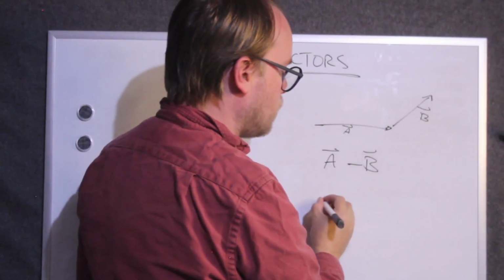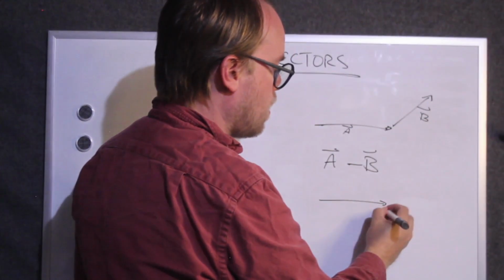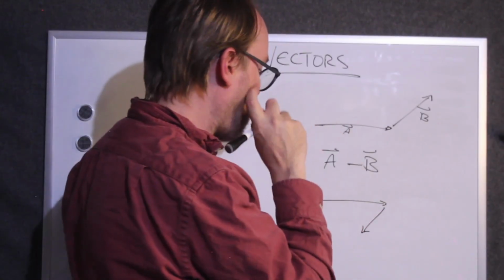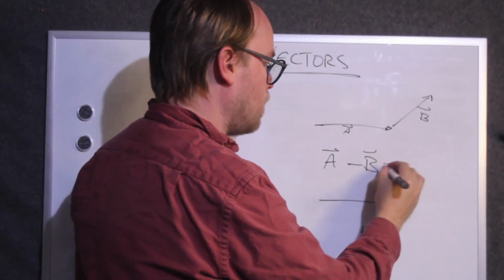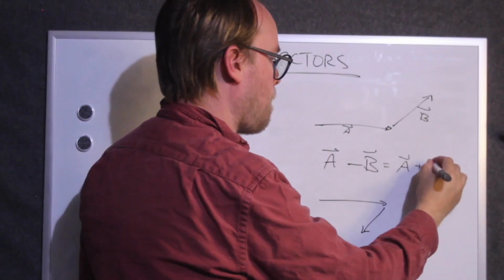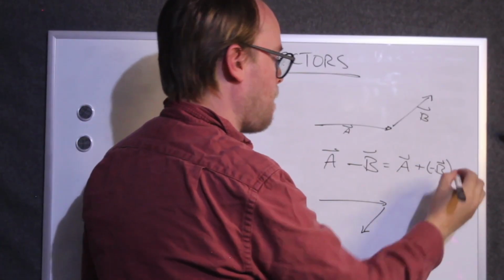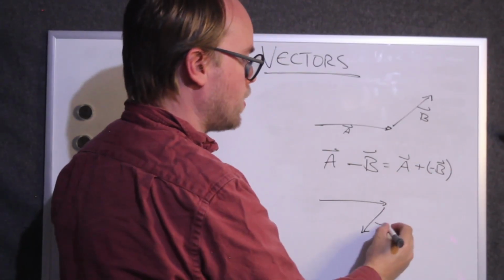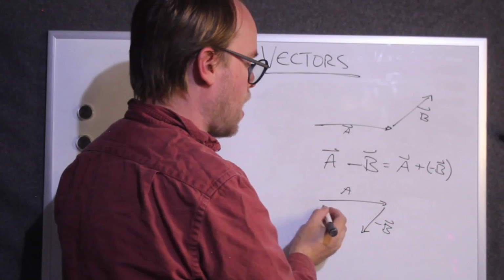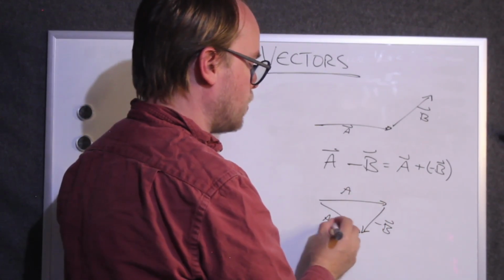So you're going instead to do A, negative B, right? And then you add. So we've flipped this around. This is negative B, and this is A, and now this is the resultant.